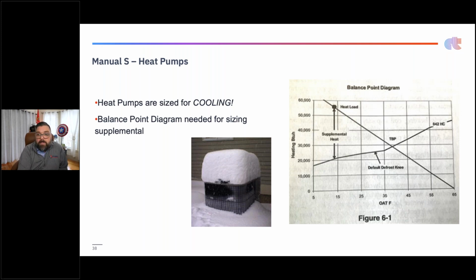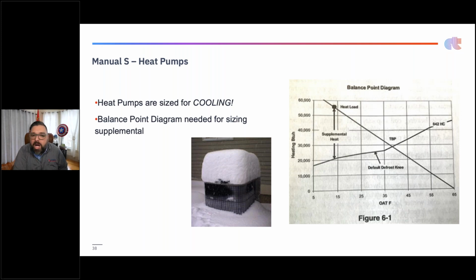It's a great manual for heat pumps. It's a little dated, but obviously heat pumps have only gotten better since then as far as performance goes. You can see this is a more traditional heat pump, what we call our grandfather's heat pump. It's not a cold climate heat pump. We have a huge defrost knee around 40, 45 degrees. You can see the performance of this home.